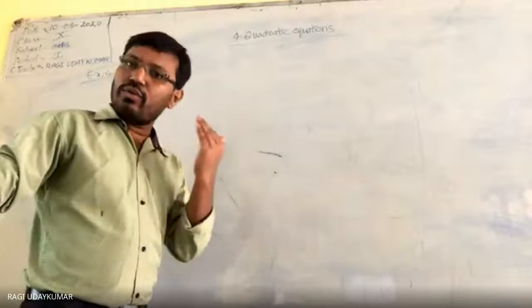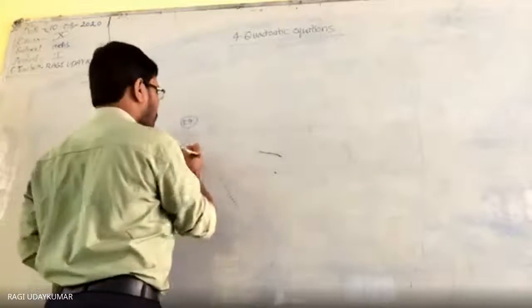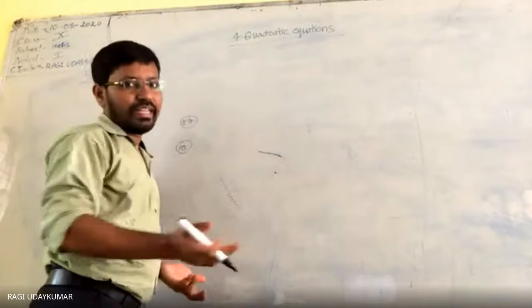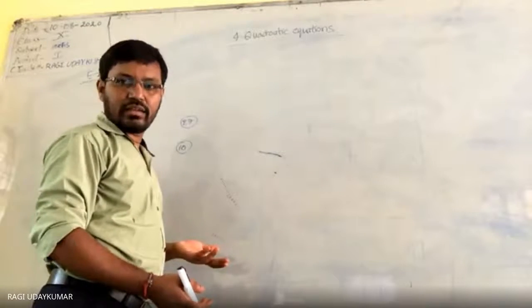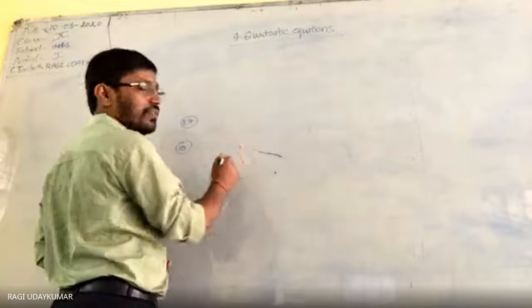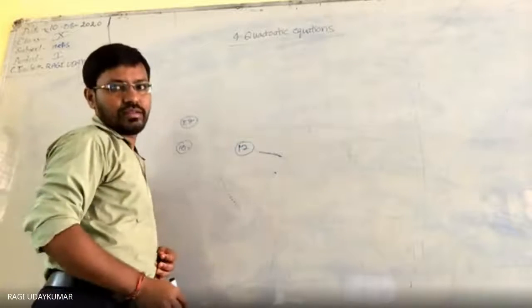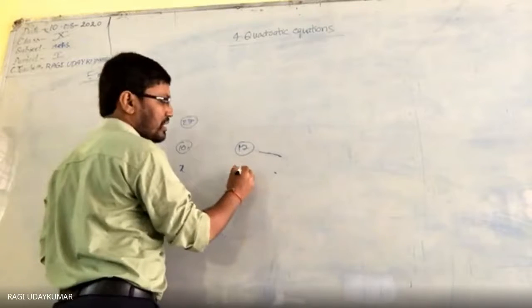Suppose one number is 10, then the other number will be 17, obviously. How do you get this 17? You subtract 10 from 27. So if you consider this as x, then the other number will be 27 minus x.